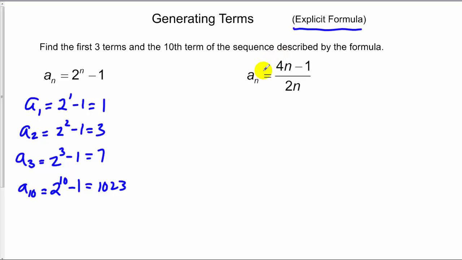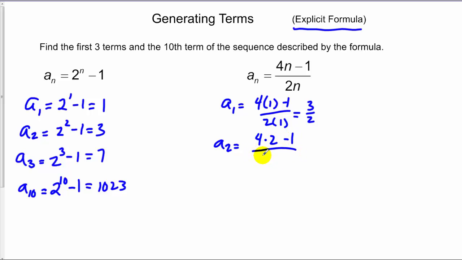You'll notice I have multiple values of n in this next problem. Works the same way. First term, n equals 1, therefore everywhere I see n, I plug a 1 in, and I end up with 3 halves. If I want the second term, plug a 2 in. It's 4 times 2 minus 1 over 2 times 2, or 7/4.